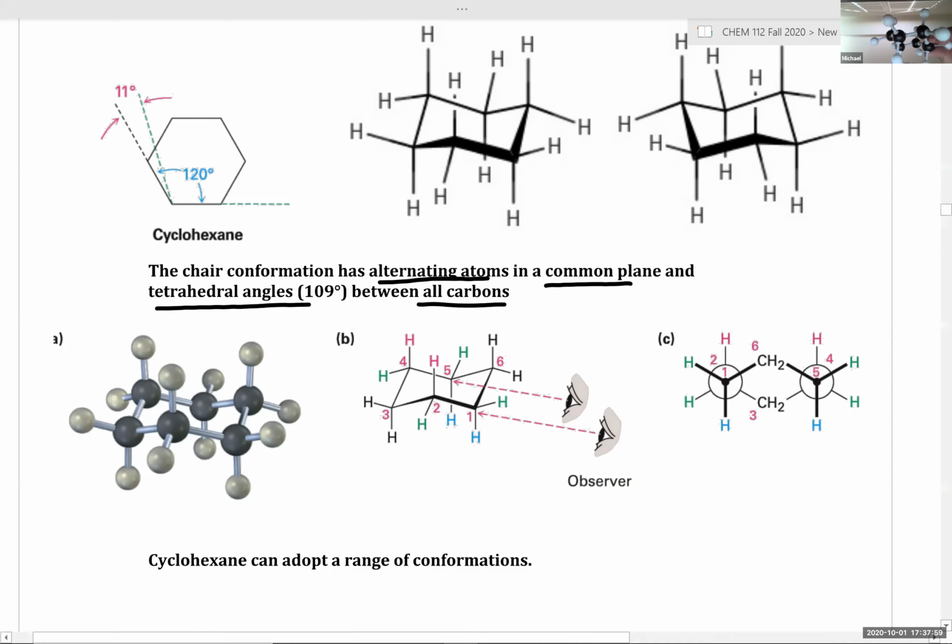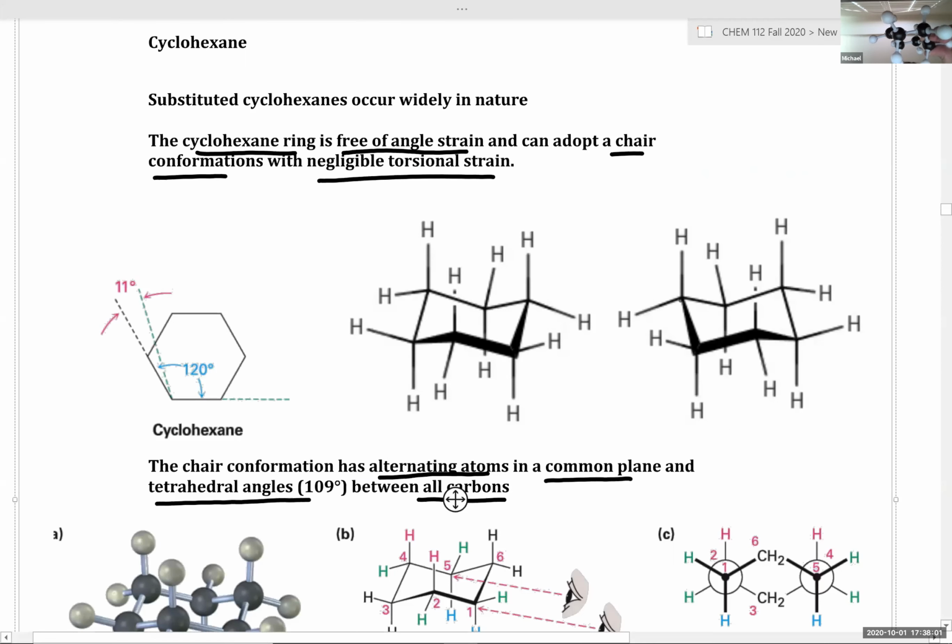On the model kit we're looking at now, this is our carbon that's pointing, quote unquote, up, while our fourth carbon, shown right here, is pointing down.